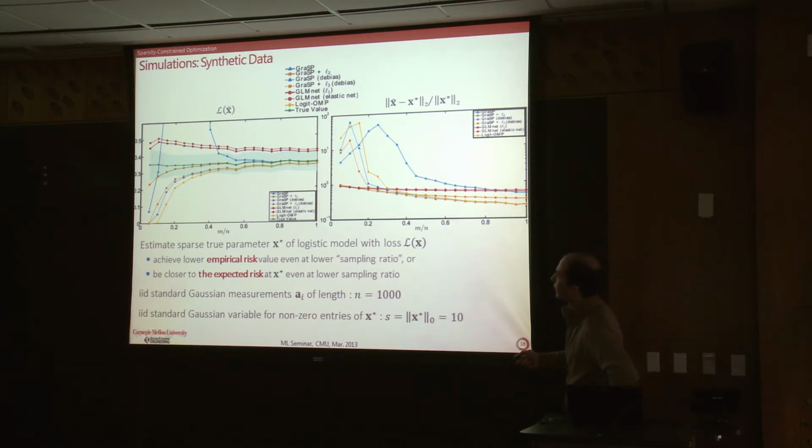So what we see, for example, here is that for the algorithmic regularization and debiasing, if n is equal to around 0.4, we get into the area that is close to the true parameter.